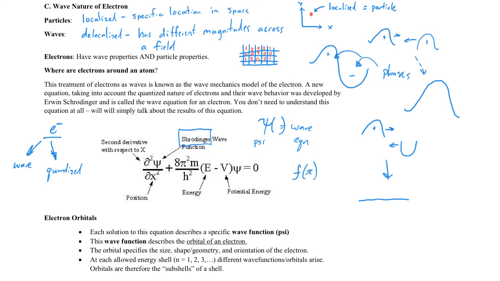Not just any ordinary wave that can have any magnitude and any direction, but it only had specific allowed properties, like certain distinct things that we saw in the previous lesson, right, with these different energy levels. So he realized that electrons had these wave properties and they were quantized, and he was a mathematician, and he sat down and he tried to write an equation that would describe these electrons.